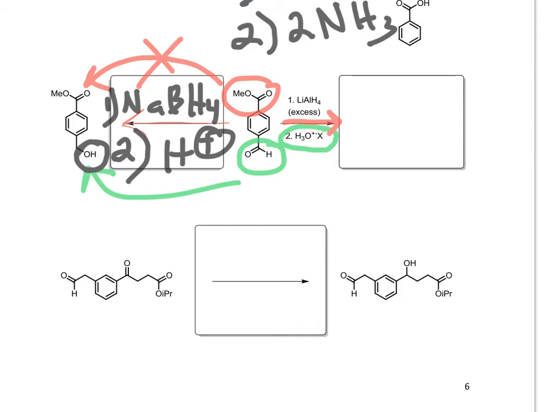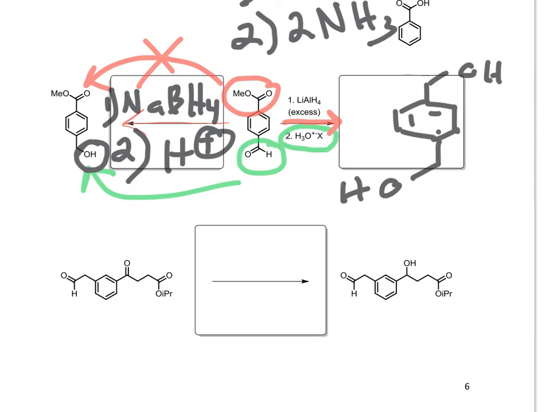That would give us 2 primary alkoxides, but we do have the acid condition to follow up with, the H3O plus. And so we're going to end up with a symmetric diol on our phenyl ring.